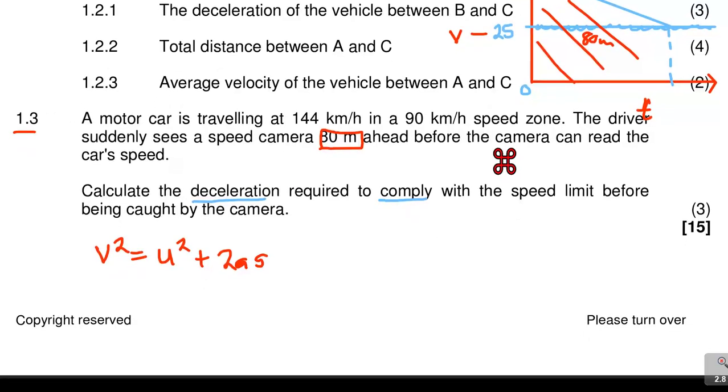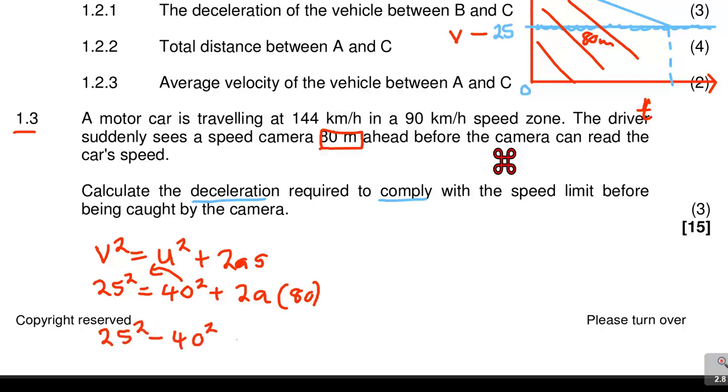So if I now substitute, we are saying final velocity, which is 25 squared, is equal to initial, which is 40 squared, plus 2a, and then the displacement is 80. Now we have to solve. Take 40 to the other side, which is 25 squared minus 40 squared is equal to 2 times 80. You can multiply or you can leave it like that as 2 over 80.